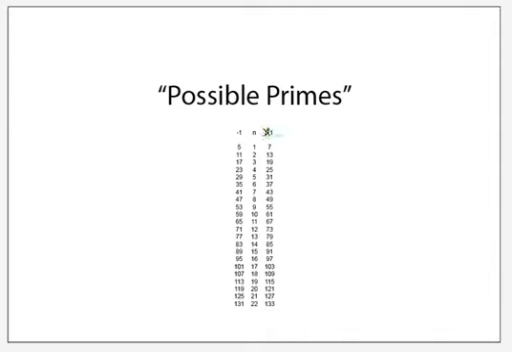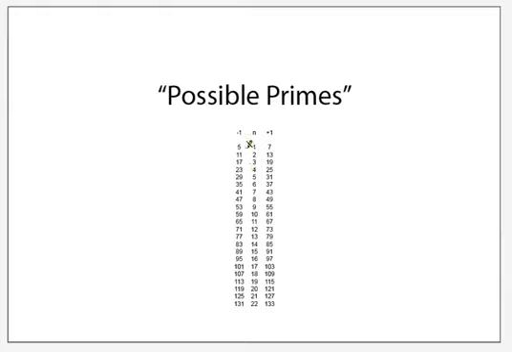The n, this column down the center, are the multiples of 6. So the first one is 6. The second multiple of 6 is 12, 18, 24, etc., etc. Goes on.